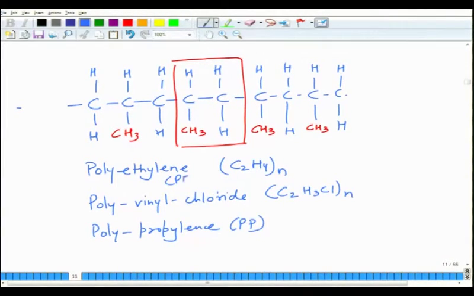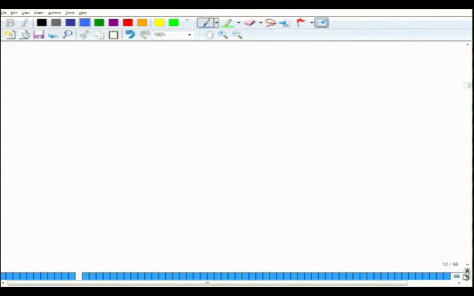This is known as PE. This is known as PVC. PVC pipes are so common, right? So this is nothing but C2H3 CH3 n, basically C3H6. This is how you can tweak the structure of a polymer, and this has a profound impact on the type of polymers that we have.